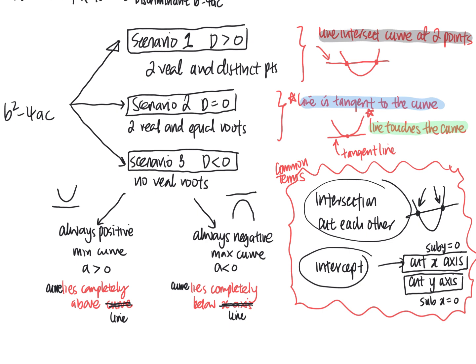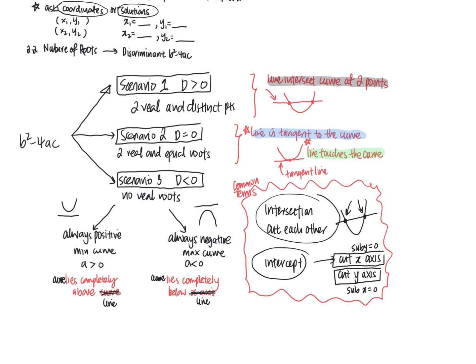Okay, then I think we also have one scenario where we say it intersects the curve. When they use the word intersects, it means it can be 1 point or 2 points. So this is the combined scenario of these two.